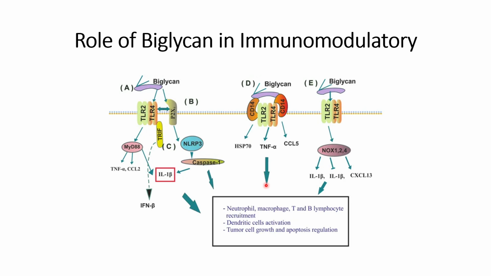At the same time, it will inhibit the activation of T cells, so the cytotoxic killing by CD8 plus T cells will be suppressed, as the lytic granules released by CD8 plus T cells will also go down because of the inhibition of further T cell activation.